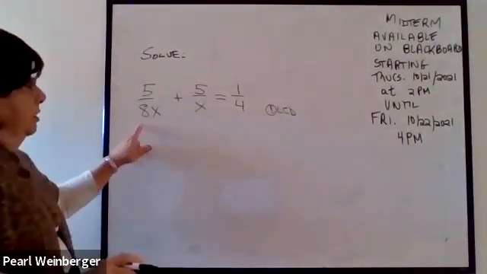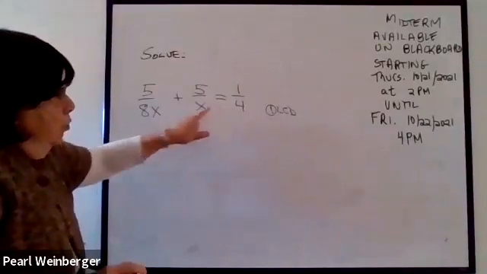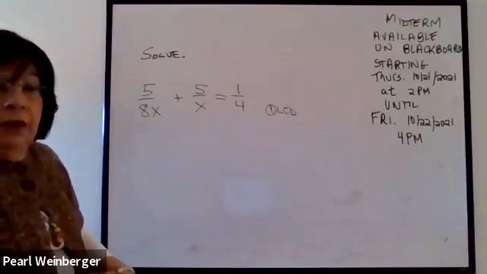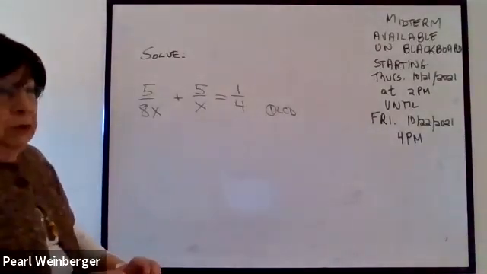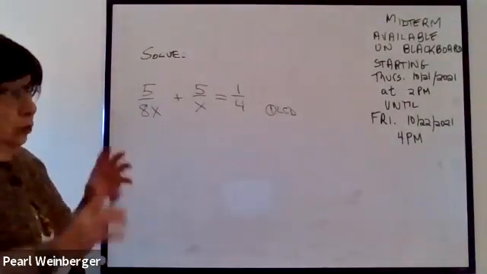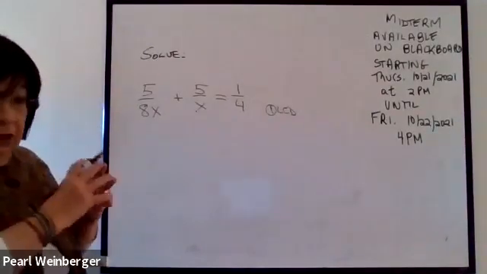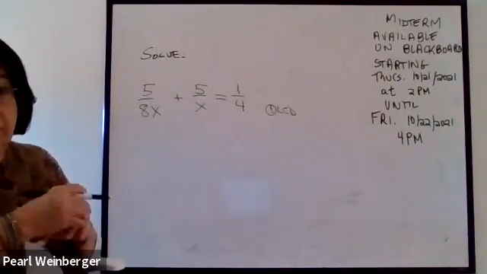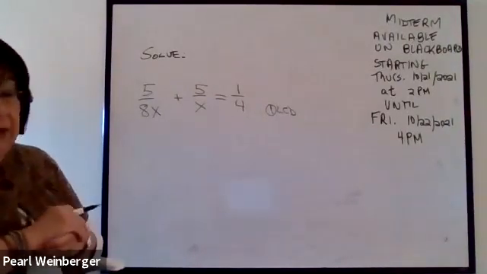Okay, now in this case, all my fractions happen to be monomials. Remember, when they're monomials, I can do the number part, the coefficient part, separately, and the literal part, the variable part, separately.